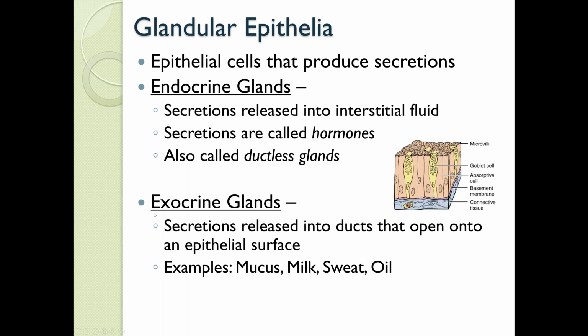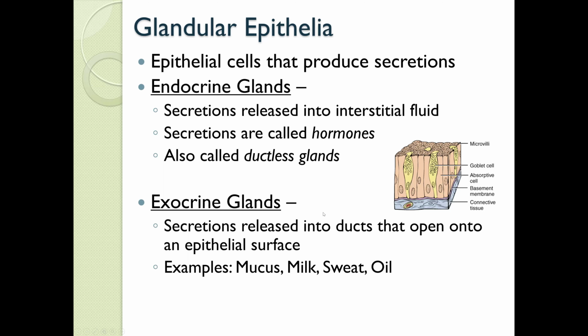So exo means outside. Now that doesn't mean that all of these glands release their contents to the outside of the body, but they do all release them into cavities or openings either outside or inside the body. So keep in mind that exocrine glands release their substances onto epithelial surfaces. So anywhere you have an epithelial surface, you could have an exocrine gland.